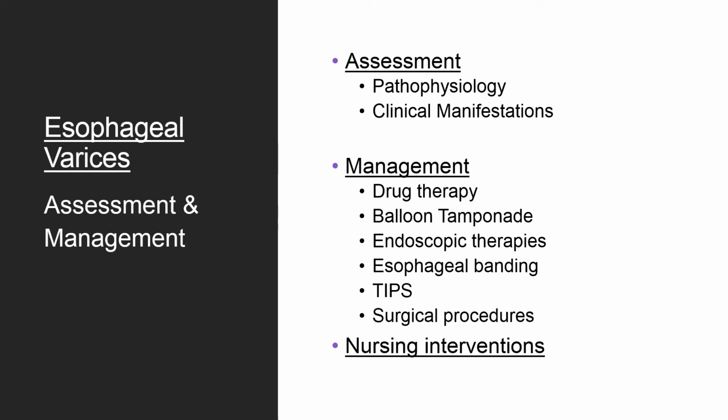Portal hypertension measurements are also done. These are performed on clients with dilated abdominal veins and hemorrhoids, as well as those with enlarged spleens or ascites. This measurement can be taken indirectly or directly.